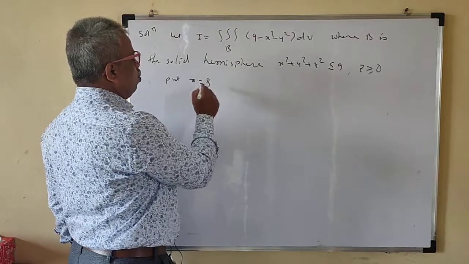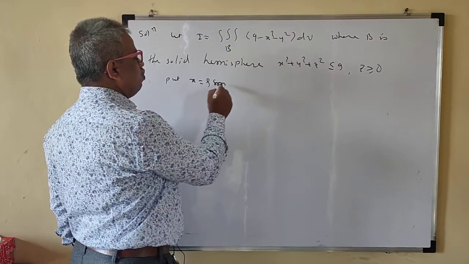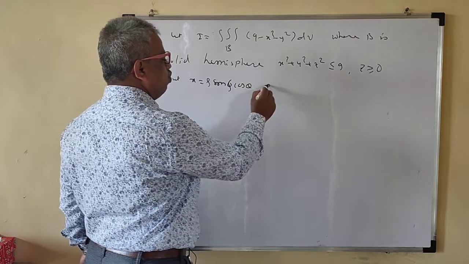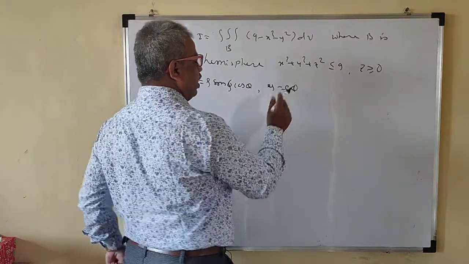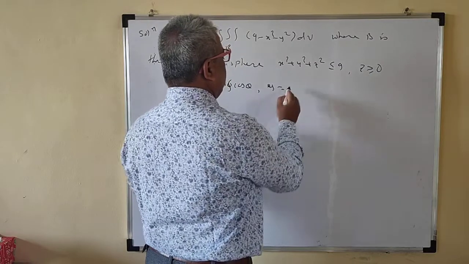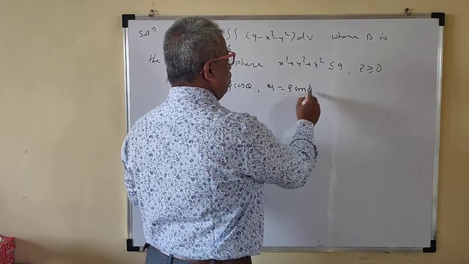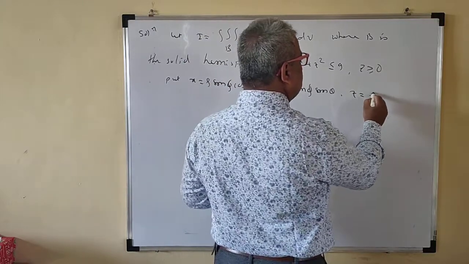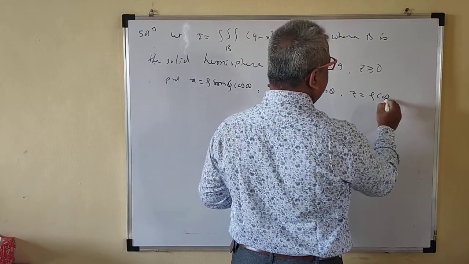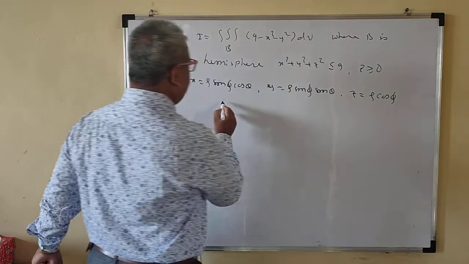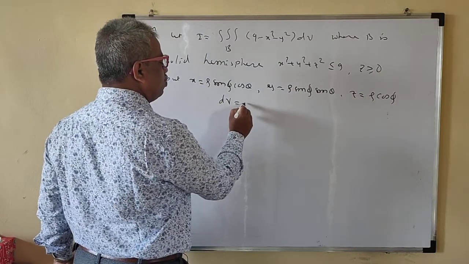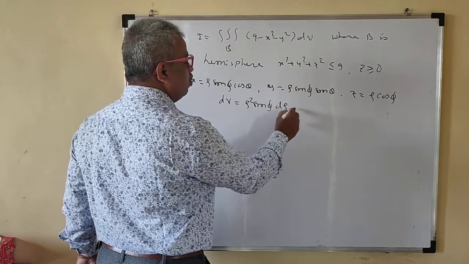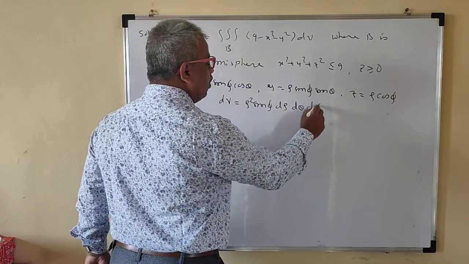So put x is equal to rho sin phi cos theta, y is equal to rho sin phi sin theta, and z is equal to rho cos phi. So your dV will be rho square sin phi d rho d theta d phi.